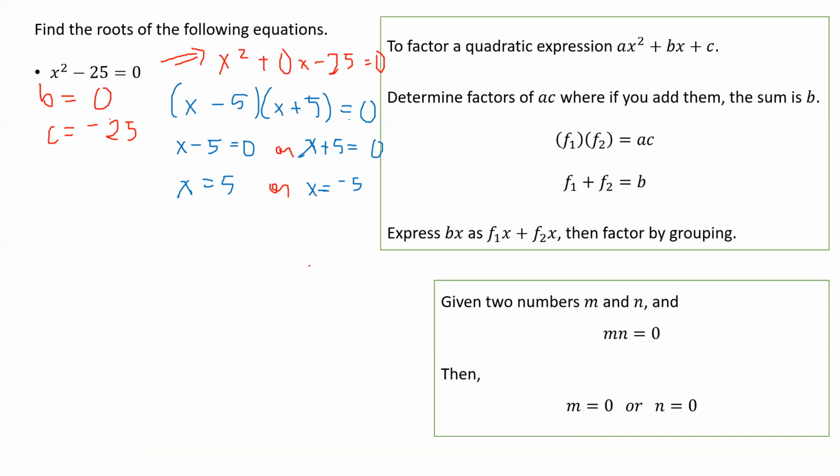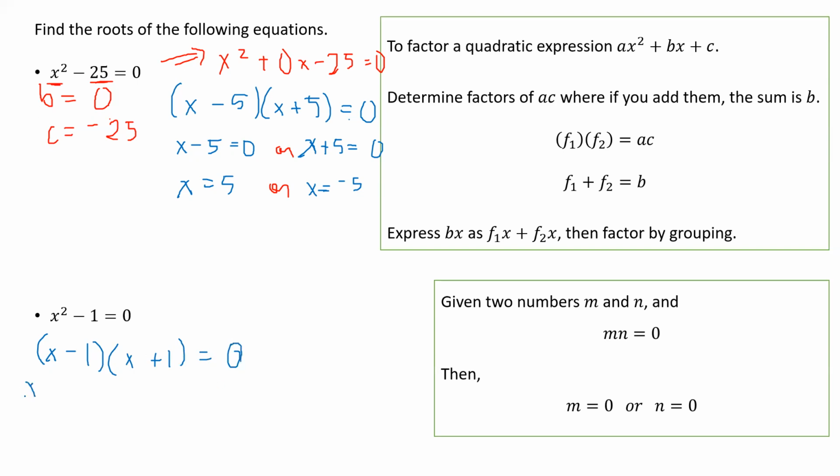Okay? And there is a pattern here. When b is equal to 0, we can see that these are just the sum and difference of the square root of the first term and the square root of the second term. So if we have x squared minus 1 is equal to 0, again b is equal to 0 here, we can directly write this as x minus 1 times x plus 1 is equal to 0.